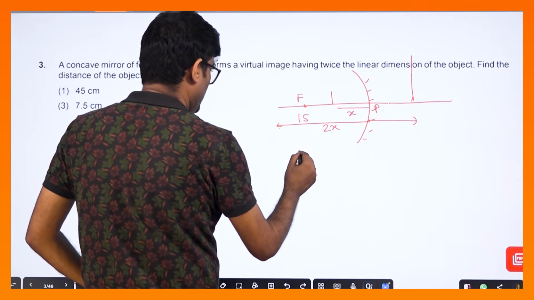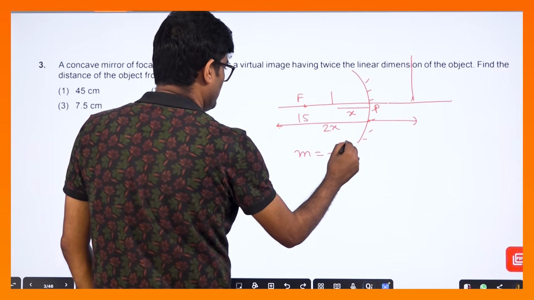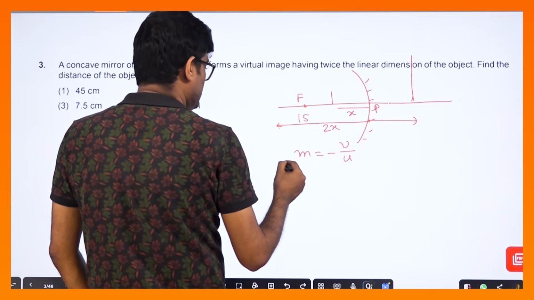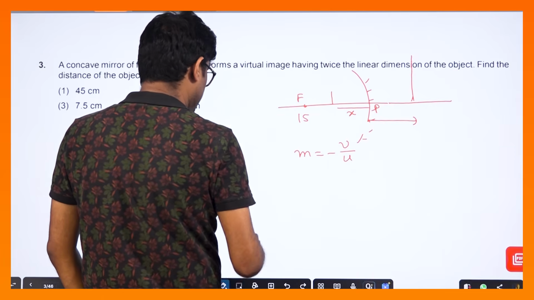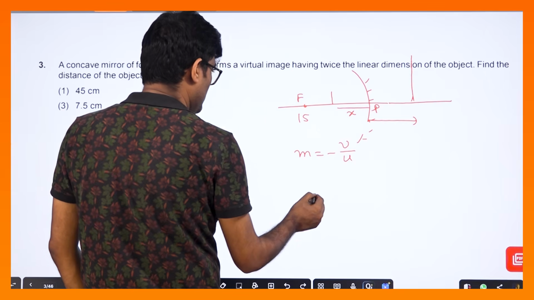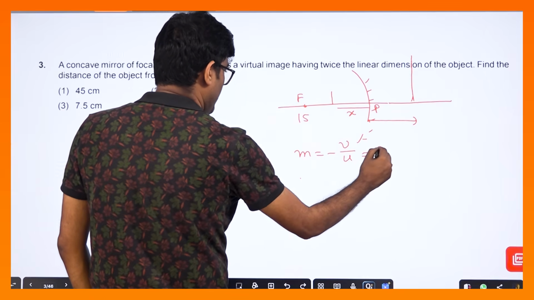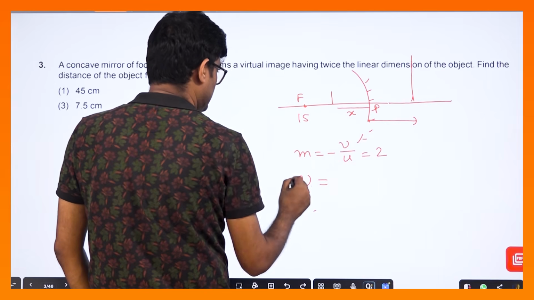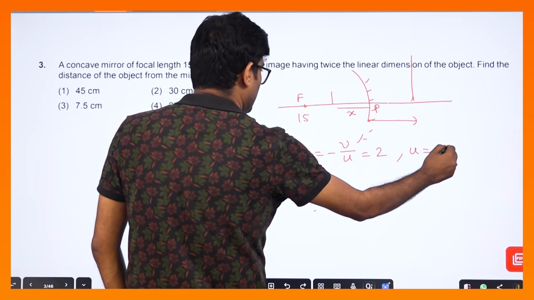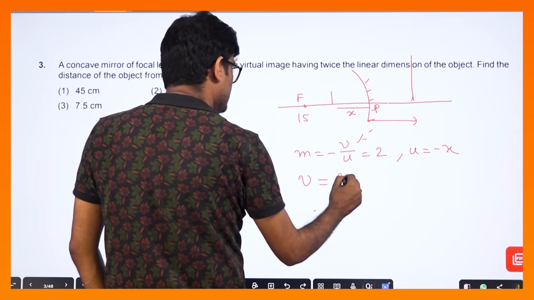Magnification is simply minus of v by u. And u is equal to minus x, and this magnification is equal to plus 2. So v is equal to plus 2x.